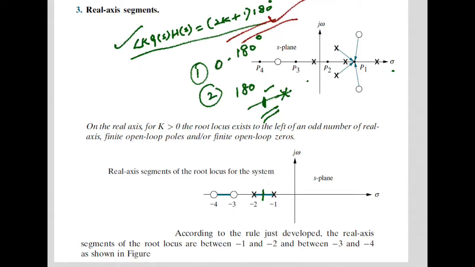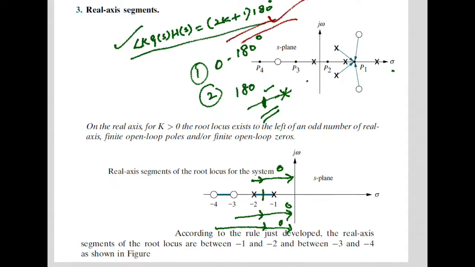The contribution of -2, -3 and -4 equals 0. From -2 to this point and -2 to 0, the angle is 0. Similarly for -3 and -4, so the contribution is 0.